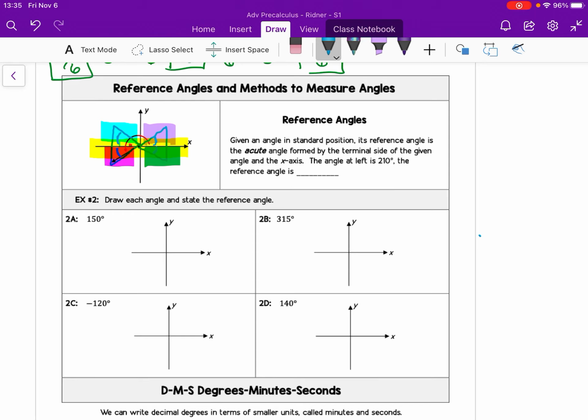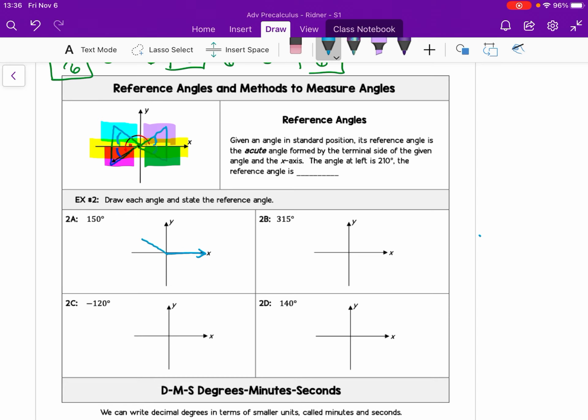If it's in quadrant 1, that is the reference angle. There is no other reference angle. Everything in quadrant 1 is already an acute angle, so there's nothing to do. Okay? But your other quadrants have different rules.